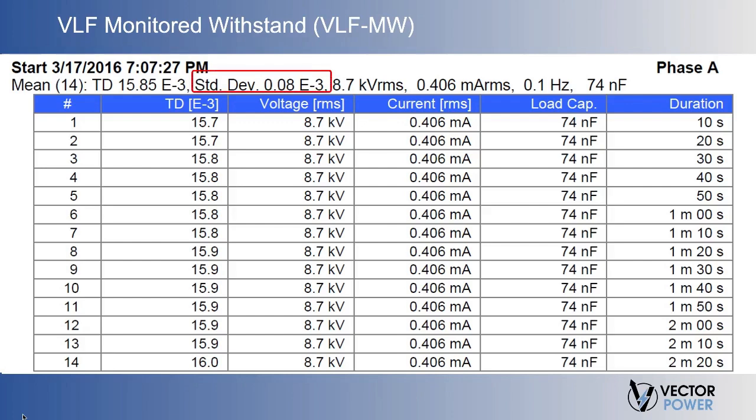Here, the standard deviation has gone up to 0.08, still well within the parameters of the IEEE 400 document and figures of merit tables. The tan delta value also slightly tipped up to 15.7.